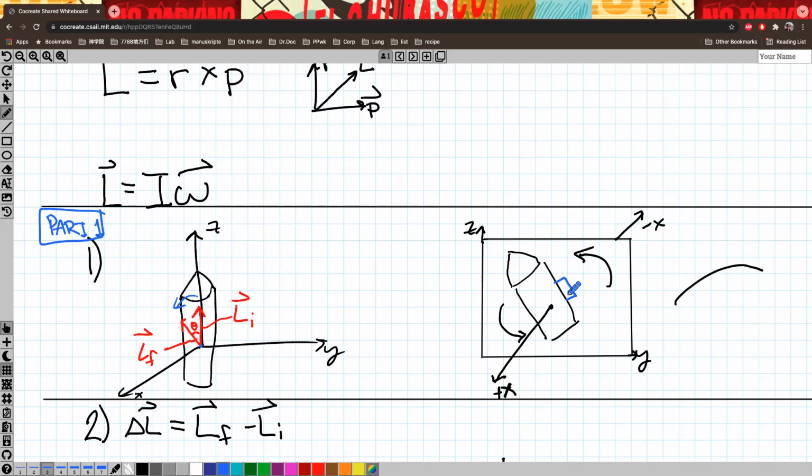Maybe not the center though. Why not the center? I guess that would work.